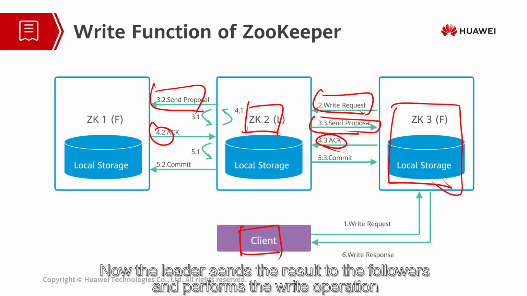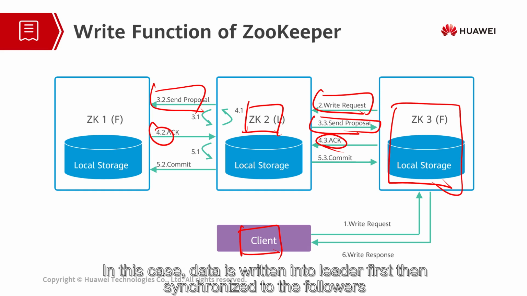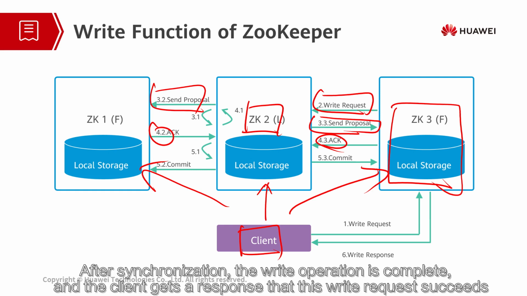Now, the leader sends the request to the followers and performs the write operation. In this case, data is written into the leader first, then synchronized to the followers. After synchronization, the write operation is complete, and the client gets a response that the write request succeeds.